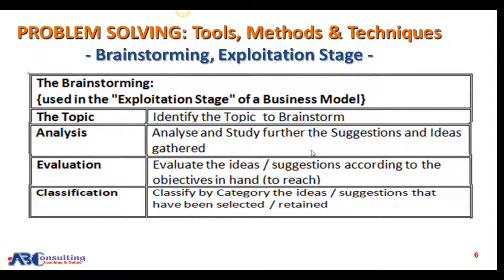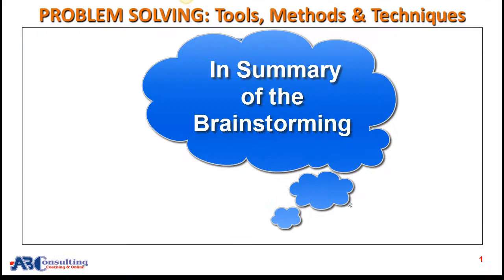This evaluation is followed by a classification stage. That is, take all these ideas that have been evaluated and that respond to the objectives, and classify them by category. So whatever has been retained in terms of ideas should be classified into different categories.